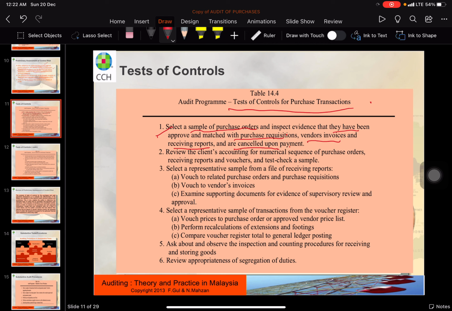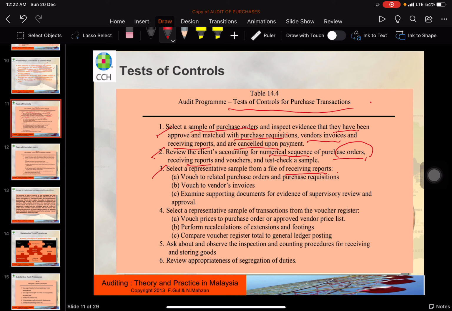Alright, number two, we have to review the client's accounting for the numerical sequence of purchase orders. We look at the purchase orders, receiving reports and everything. We have to look at the pre-numbered numerical sequence, meaning is there any missing document and so on. Alright, number three, we select a representative sample of files from receiving reports.